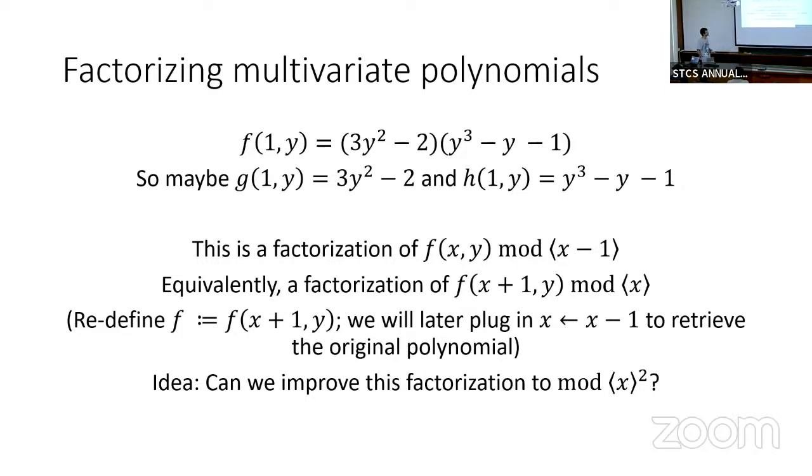Now the idea here is, can we improve this algorithm to be correct modulo x squared? Right now the factorization is correct modulo x. We want to improve it to be correct modulo x squared. So this is the idea.